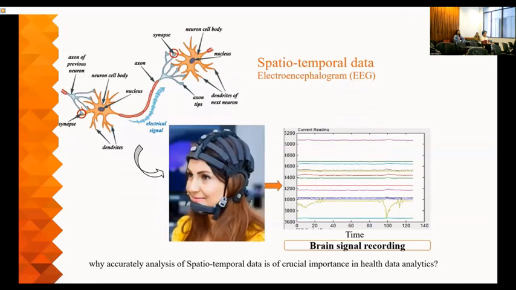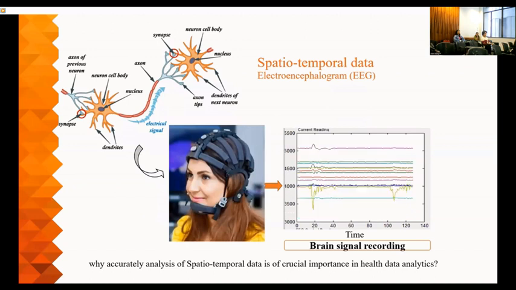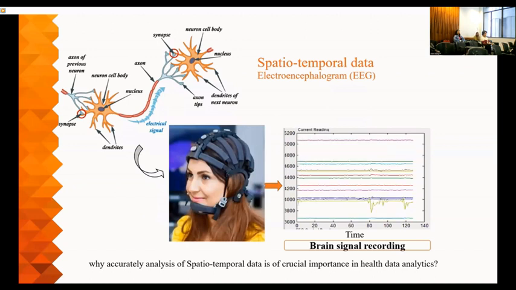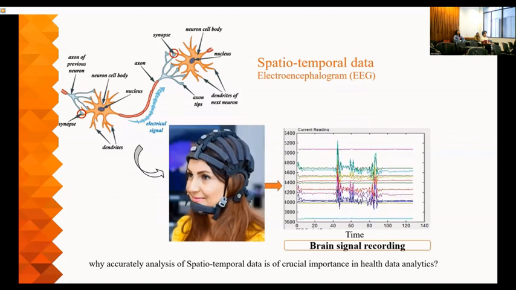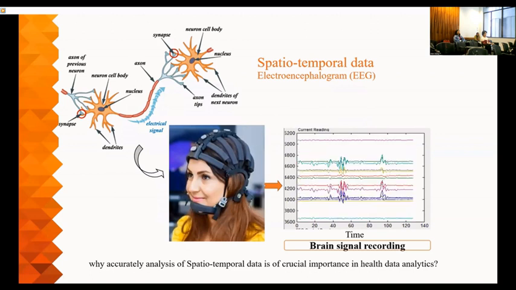So it is very important to say why accurate analysis of spatial-temporal data is of crucial importance in health data analytics. What that means is, when we are dealing with complex data such as electroencephalography, like EEG, that has both space and time components, analysis of this type of data is quite a challenging task, as temporal features may manifest complex interactions that may also change dynamically over time.